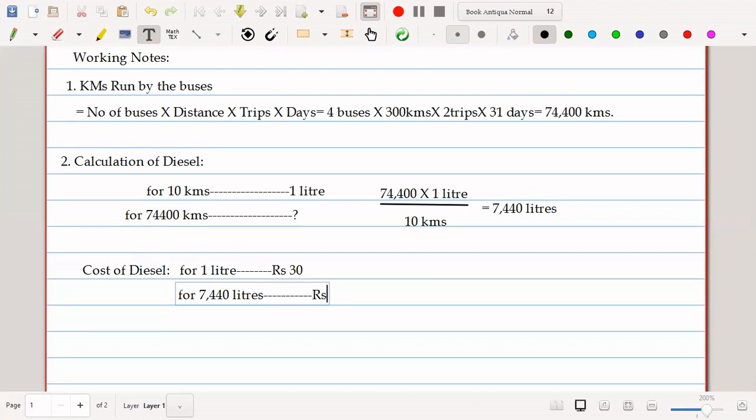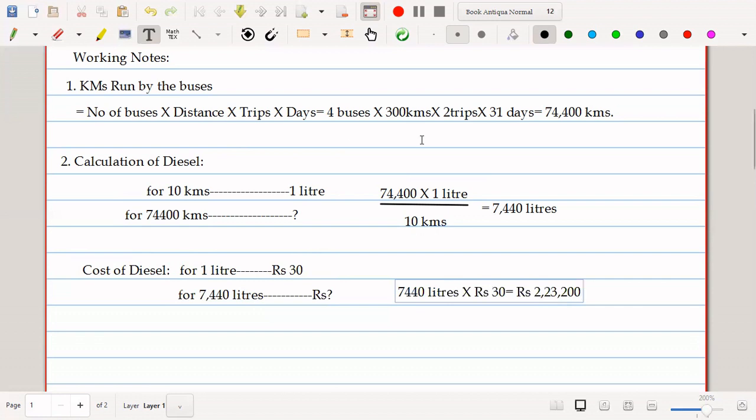Again, cross multiply this. It comes to 7,440 liters into rupees 30. So this comes to rupees 2,23,200. So this is how you calculate.